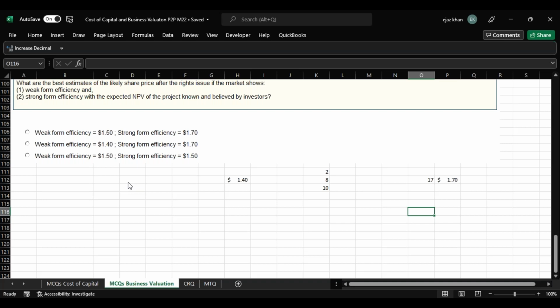Let me give an example. Wait, let me give you an example with figures.